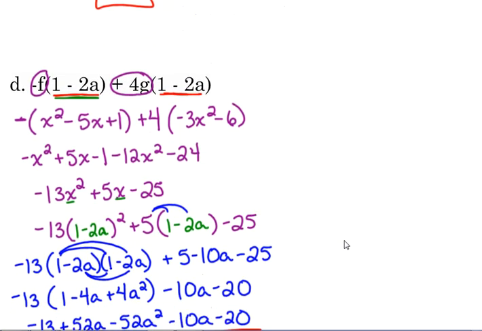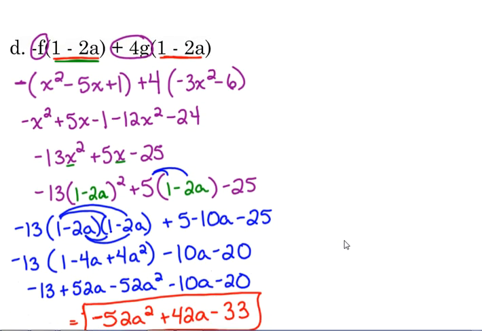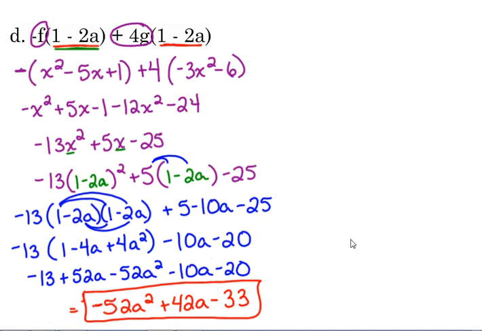I could have done that on D. The reason why I didn't want to do that on D, even though I could, is because if I did, look, I would have had to FOIL it out twice. I had an x squared here, and I had an x squared here, and I would have had to plug in to that minus 5x. So even though this was a lot of work, doing it the other way on this one would have been even more work. Okay? You can do it that way. If it makes more sense to you, go for it. It's just going to take you a little bit more time.